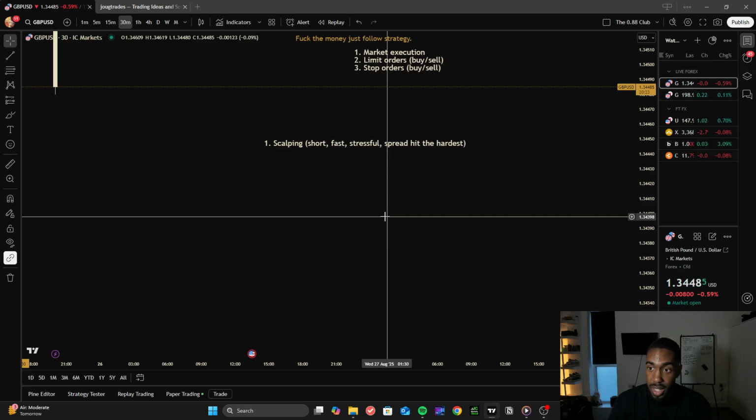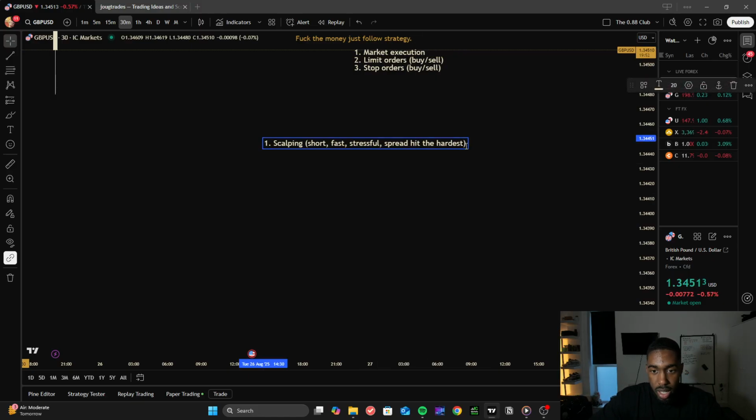You might be trading a price that changed 10 pips and you're wanting to profit off that. Scalping is short, it's fast, it's stressful. And because you're trading such small pips, when you do get hit by spread, it's gonna hit you hard, bro. It's gonna kill you. So that kind of explains what scalping is.